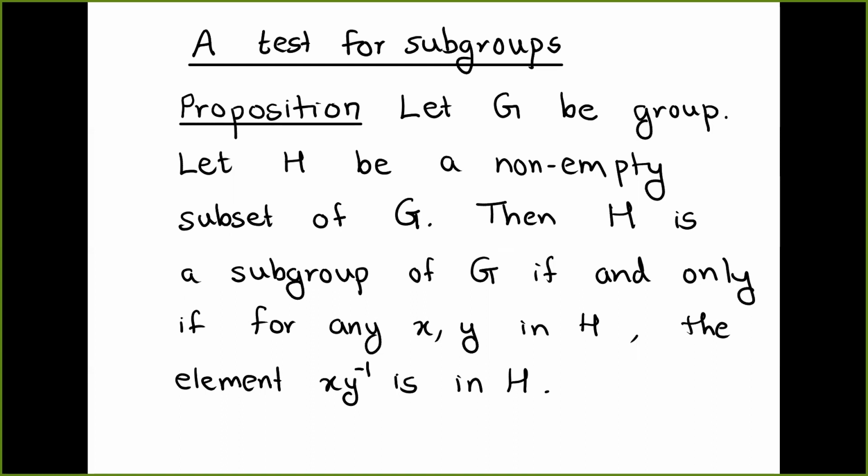So maybe you shouldn't call it the ratio, but you can think about it just to get a feel for what this result is saying. You only have to check that for any two x and y, xy inverse is in H. It's just one thing to check, but of course we have to check it for any pair x and y. So this may not actually make proofs simpler. It just makes them a little shorter when you write them.